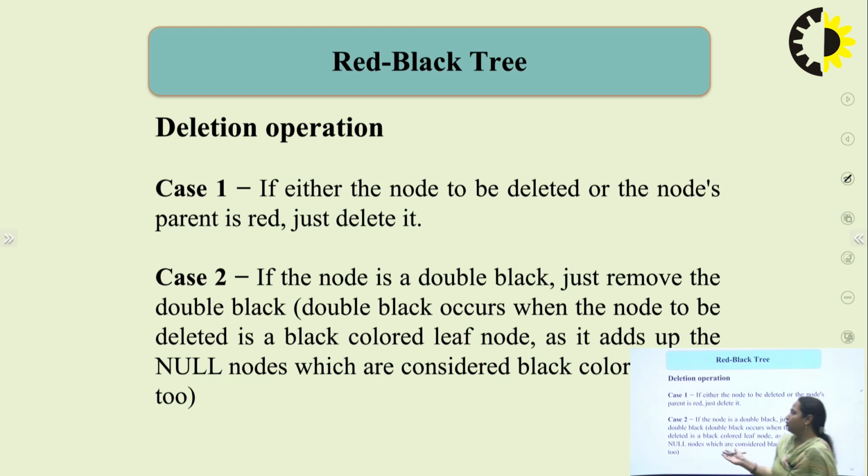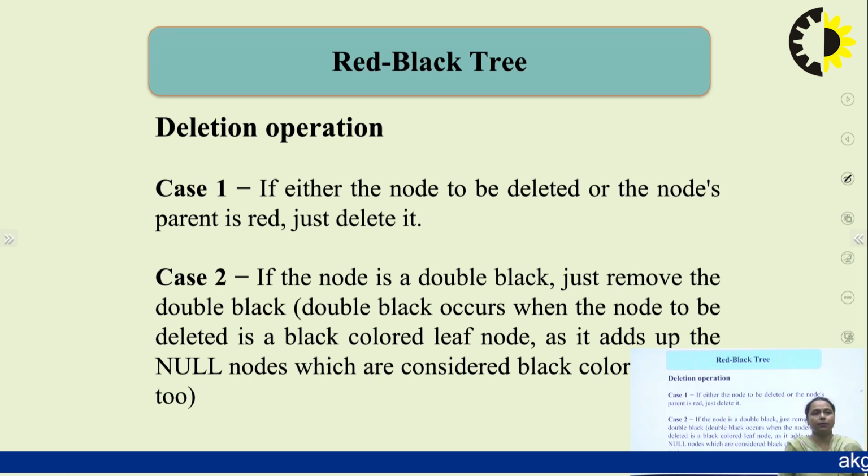Now case 2, if the node is a double black, in that particular case just remove the double black. Now what is double black? Double black occurs when the node to be deleted is black and a leaf, as it adds up null nodes which are considered black colored nodes.